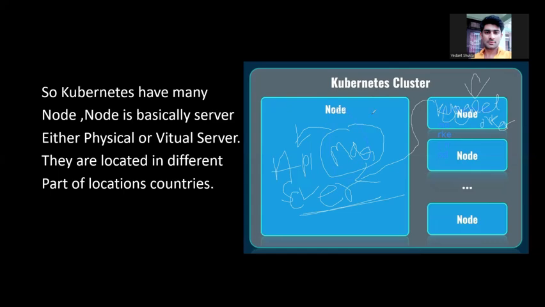The master node contains the API server, and the kubelet is communicating with it. It also contains some kubelets, but it is not running containers inside.